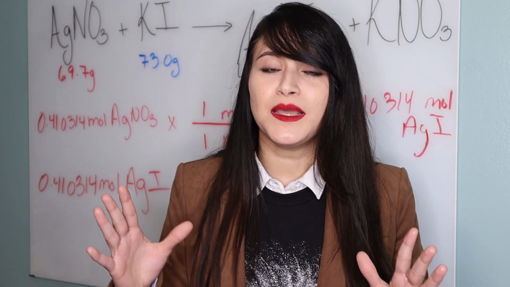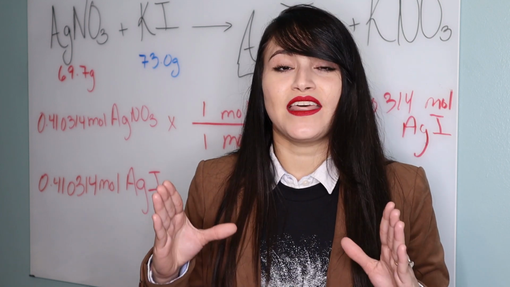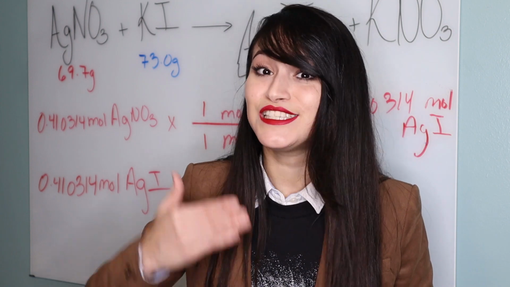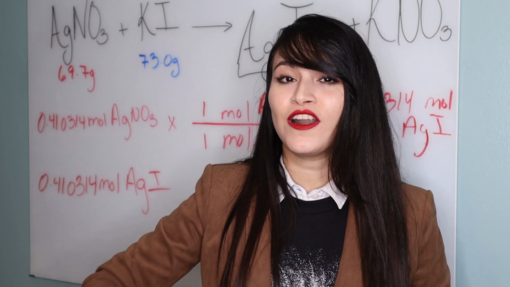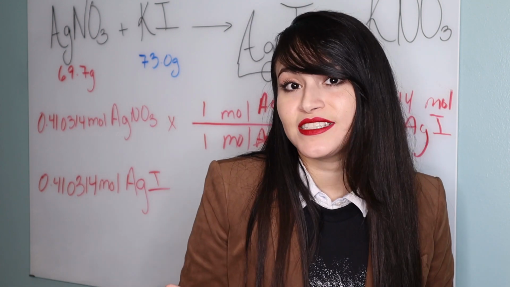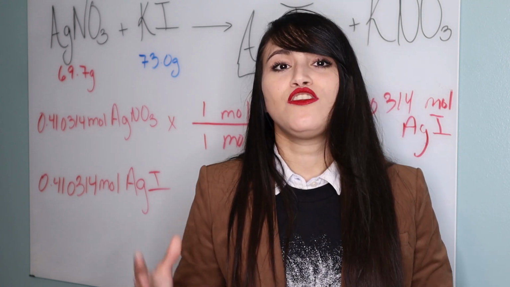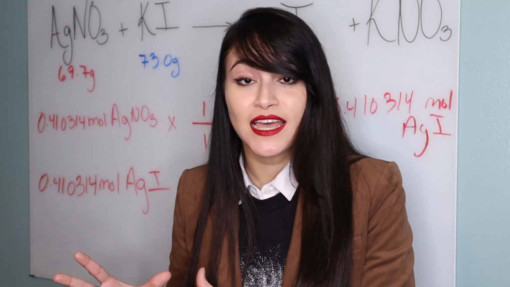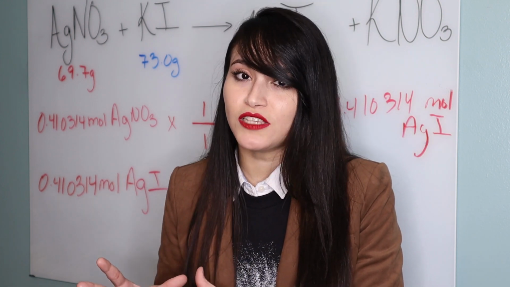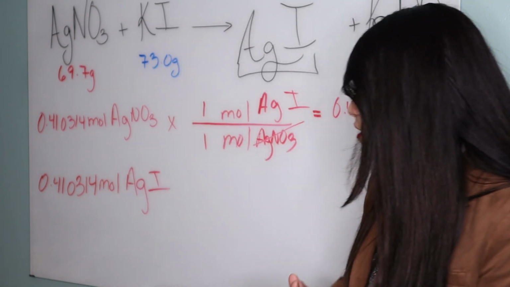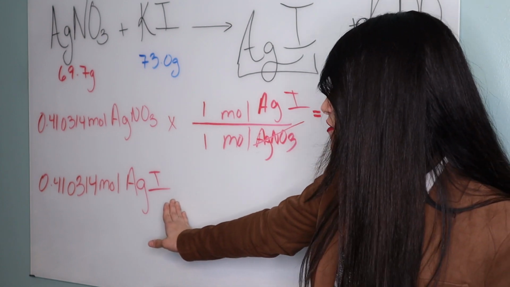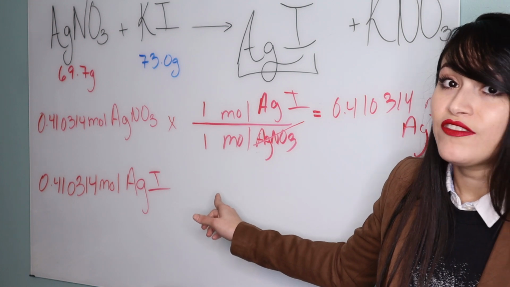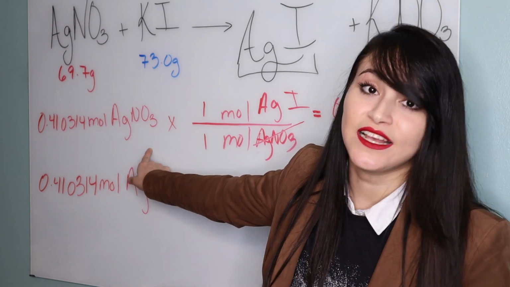Since we know what the limiting reactant is, and we know that the limiting reactant is going to run out first and stop our reaction, therefore limiting the amount of product that we generate, we can use the limiting reactant to figure out the amount of product that we could possibly make. So we have over here moles of silver iodide that we found through the molar ratio after we figured out the moles of silver nitrate.